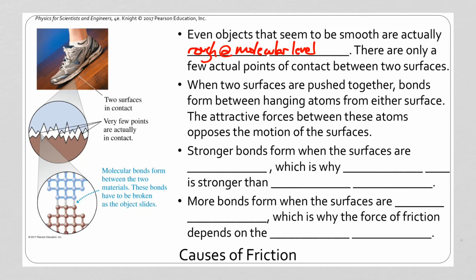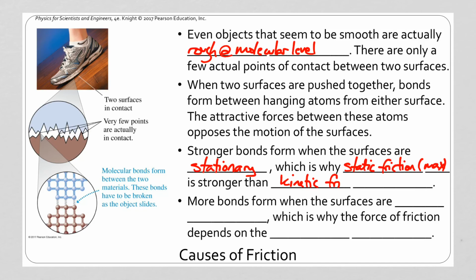We can also say that stronger bonds are going to form when the surfaces are stationary or not moving, because they have a chance to settle in and form more energetically favorable bonds, which is why our static friction, or at least our maximum static friction, is greater than kinetic friction.